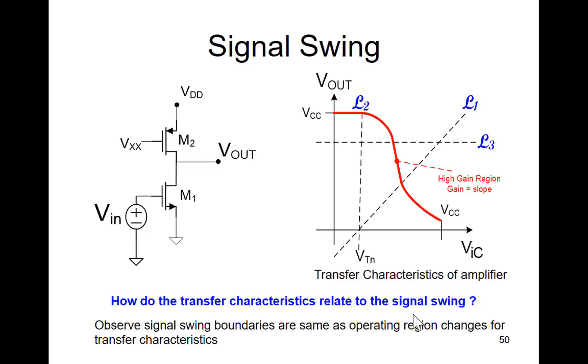This is where we want to use it as an amplifier. And the gain in this region, we calculated the gain earlier in the small signal domain. But what did we really calculate? We calculated the slope of these transfer characteristics. So we can either look at the DC transfer characteristics and calculate the slope, or go to the small signal parameter domain and calculate in terms of small signal parameters. So the same.